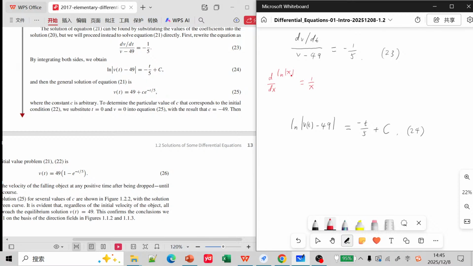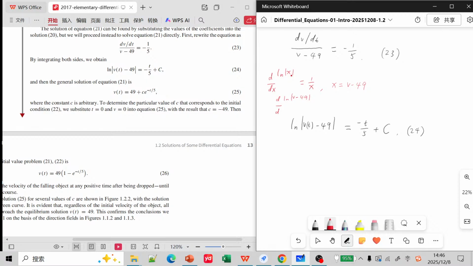So here, similarly, maybe we can think x is equal to v minus 49, and we substitute this term, that is d ln |v minus 49|.